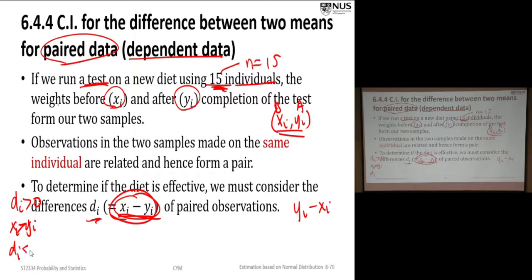On the other hand, if you get Di negative, that means your Xi is less than Yi. All right? The before weight is less than the after weight. But if you define your Di the other way, then Di bigger than 0 means that Yi is bigger than Xi. So the after weight is bigger than the before weight.